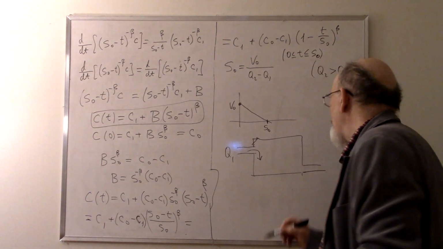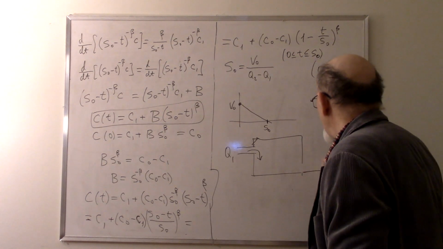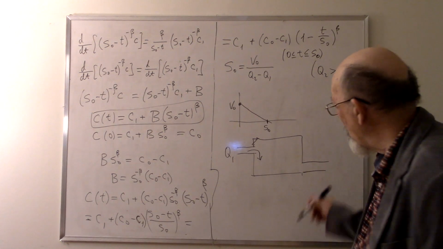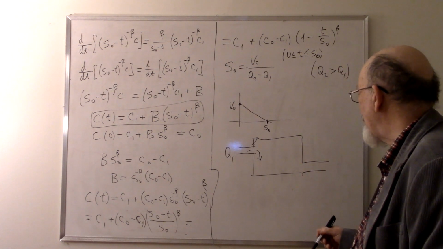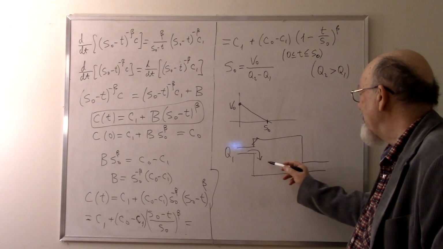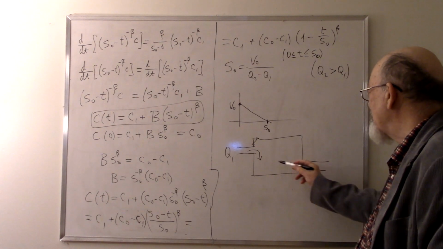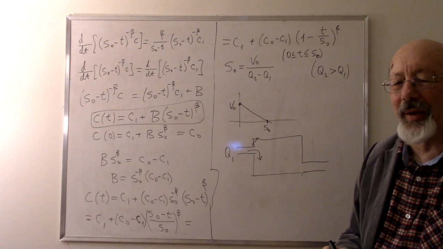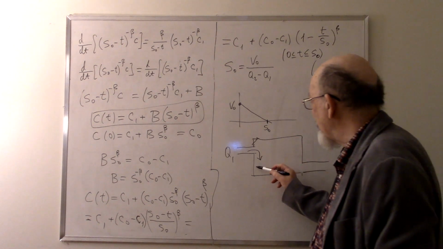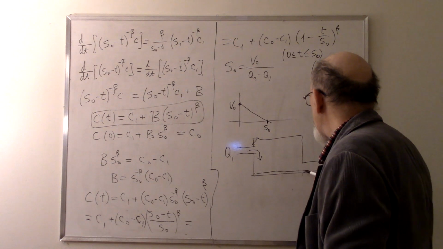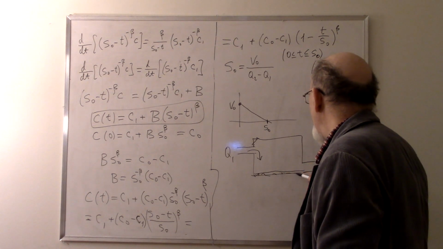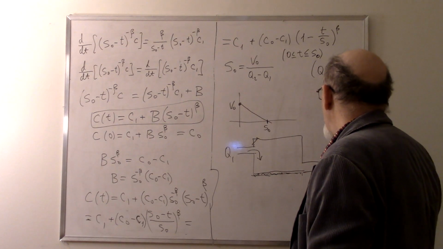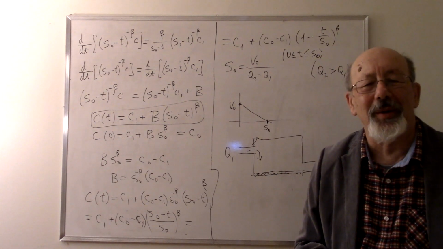This pipe is wider, it has more section. But it cannot extract from the tank more water than there is. So if the water is just on the bottom and it's coming with the rate Q1, then it will go out with the same rate Q1.